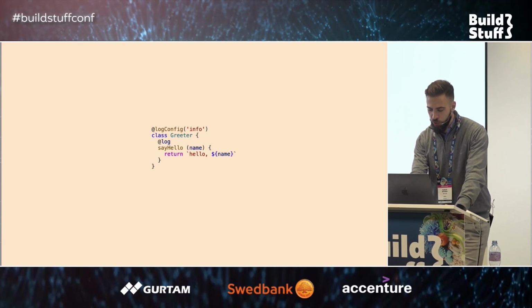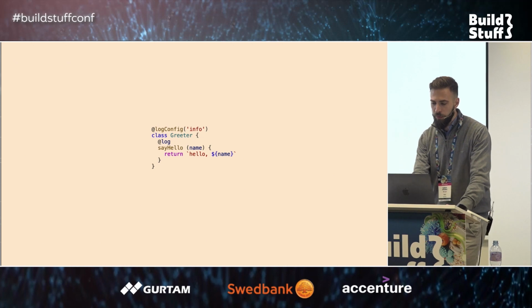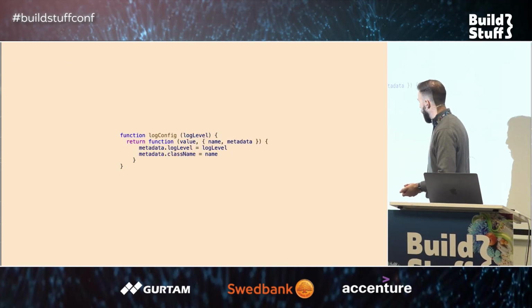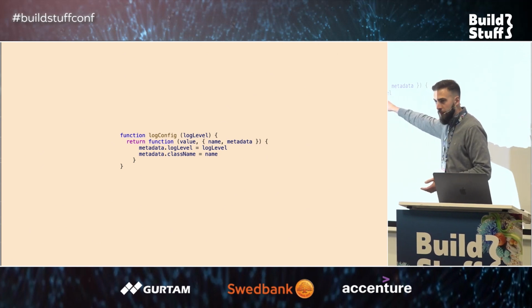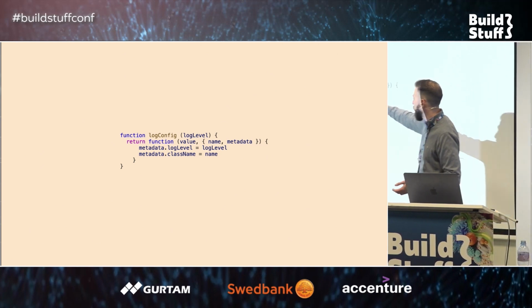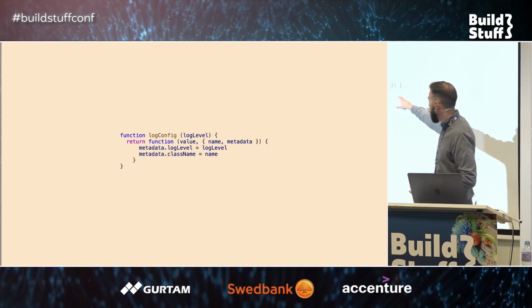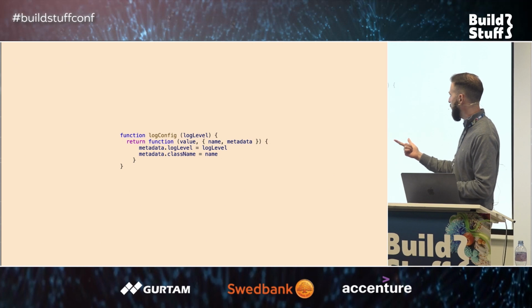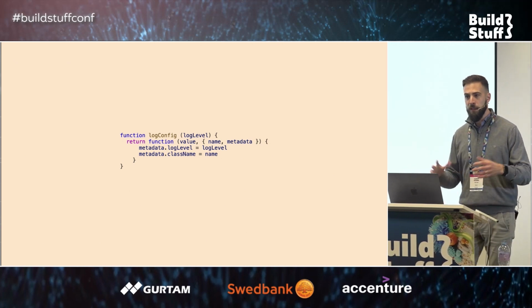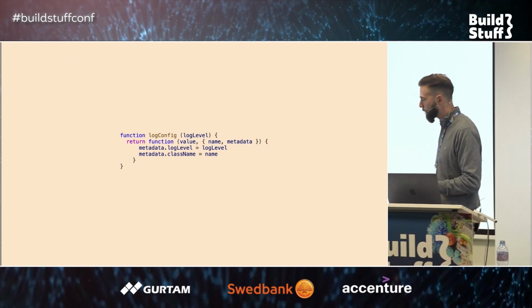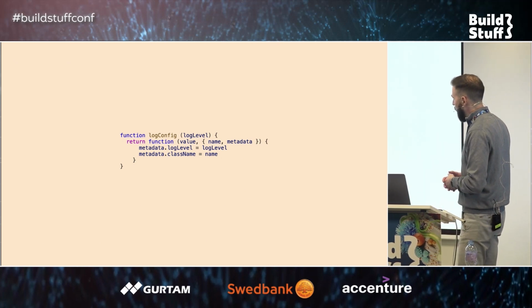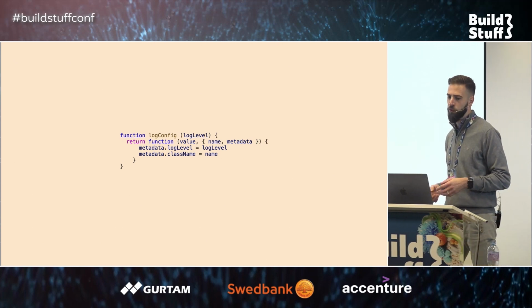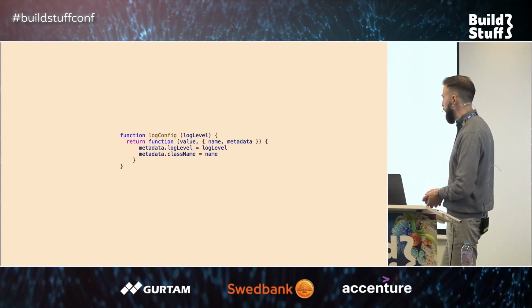So to implement this decorator now, we can make use of metadata. We still have the same function, right? We have the decorated entity, and then from context, we have the name, that's the class name, and then we have metadata. Metadata, that's this separate proposal. And the metadata gets inherited to other fields inside this class as well.